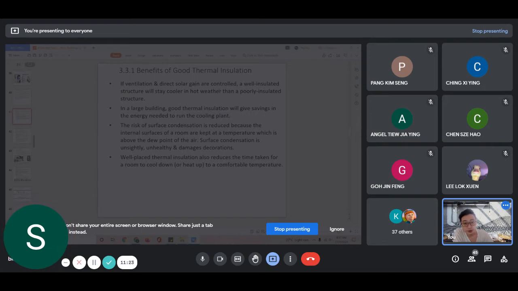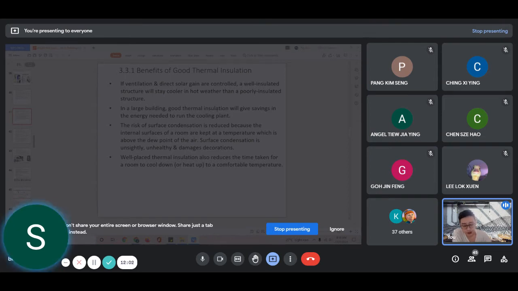very cool. If our building is not well insulated, then we will feel very, very hot, or we can even feel hotter than what is felt in the surrounding, due to improper insulation of a structure. Imagine if your building isn't built properly or thermal insulation is not taken into account. Instead of having a very cool building, for example, we use Malaysia as a condition, meaning the weather is hot and we are staying in a building.